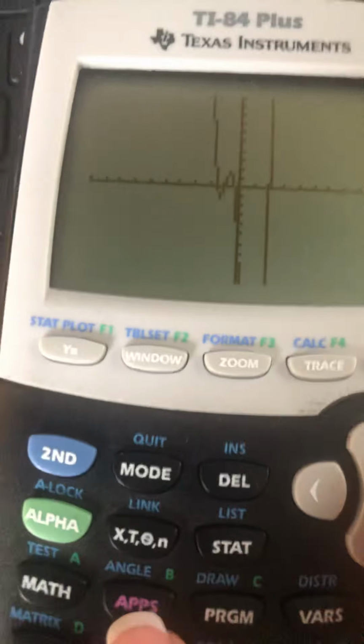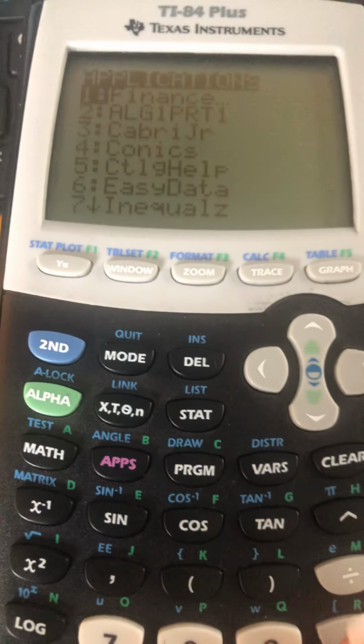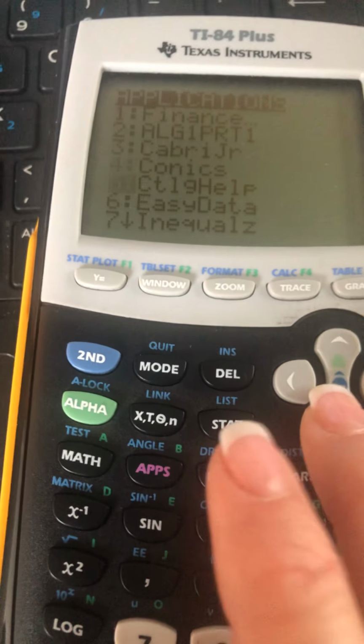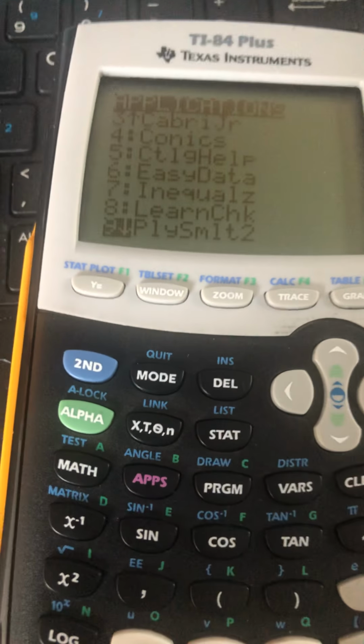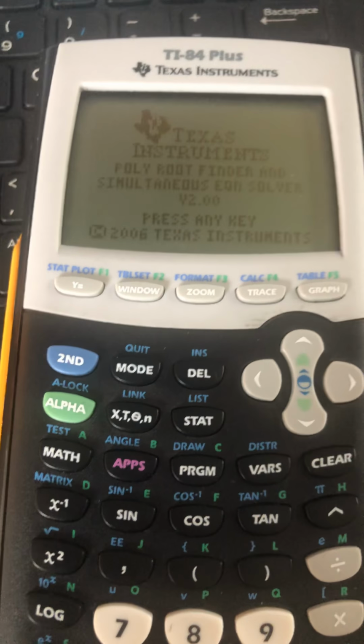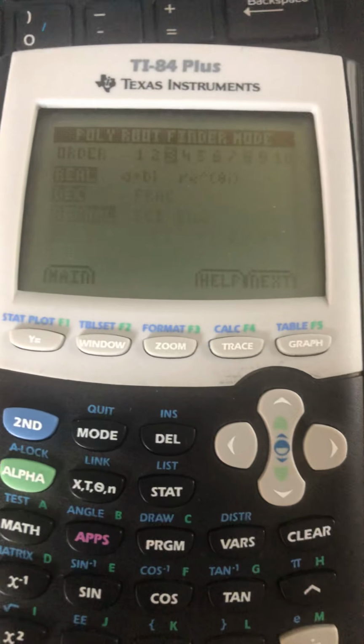But remember, we can also check this for sure in our calculator by going to the purple apps button, going to number 9. No, not 9. Yes, it is 9. To the Poly Solver, hit any key, and choose number 1 because we want the roots.